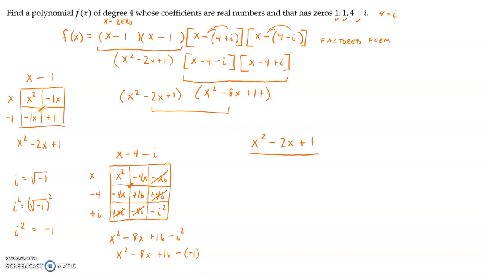You'll notice that when you were multiplying those two sets of brackets together on that last example, when you were done, you had no more i's in that trinomial. That's kind of what you're looking for. So that tells you that you're on the right track. If you had an i still in there, you'd have to go back and check your work. Okay, I'll put my x squared minus 8x plus 17 down the side.